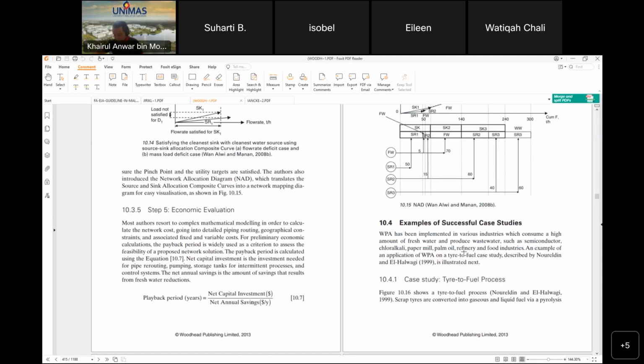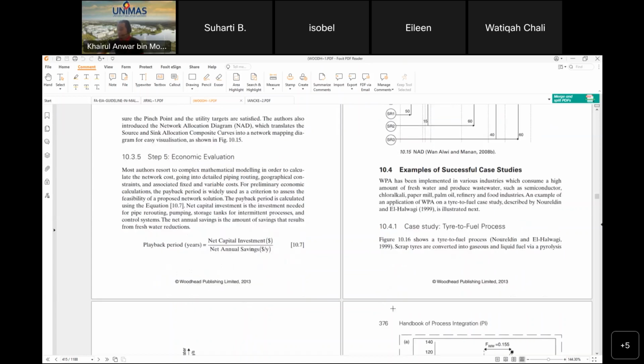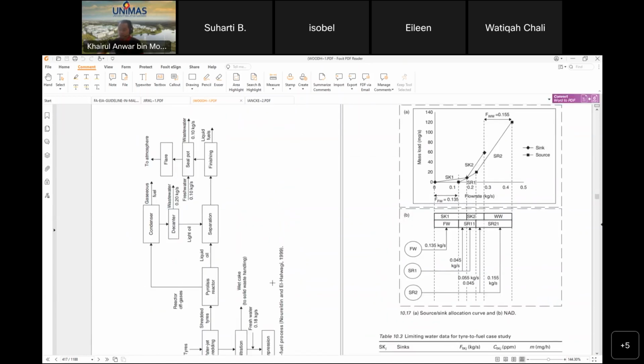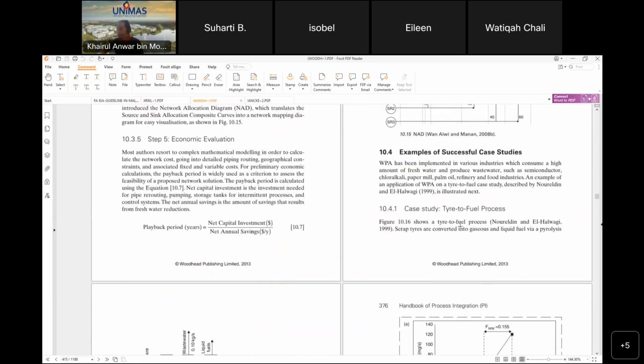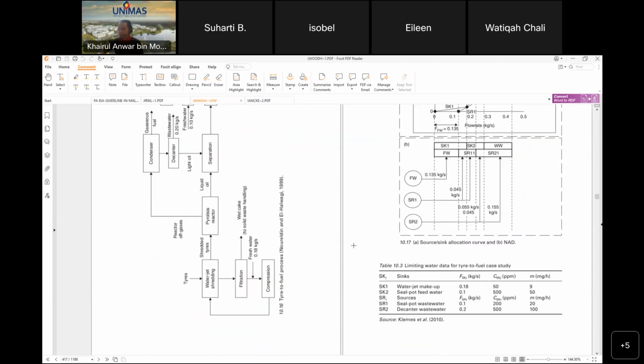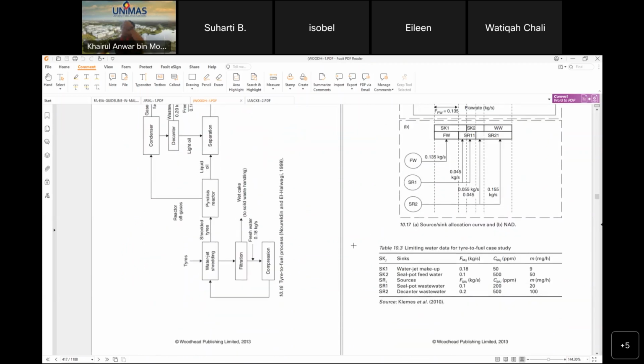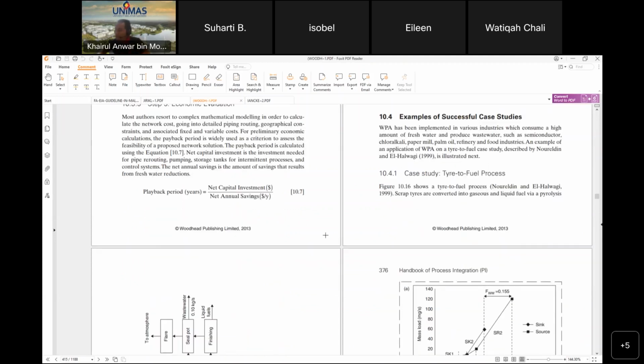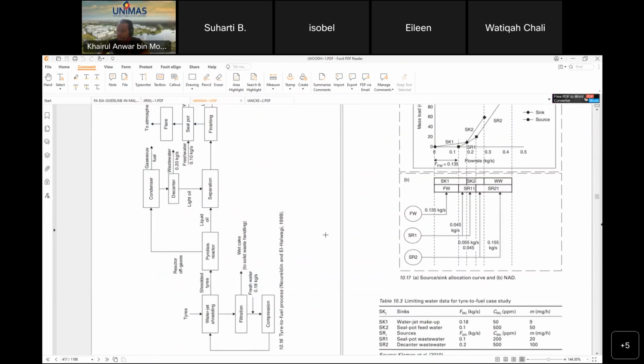Example of an application of water pinch analysis on a tire-to-fuel case study described by Noruddin and Hashim. Figure 10.16 shows a tire-to-fuel process. Scrap tires are converted into gases and liquid fuel via pyrolysis. What is the difference between pyrolysis and gasification?